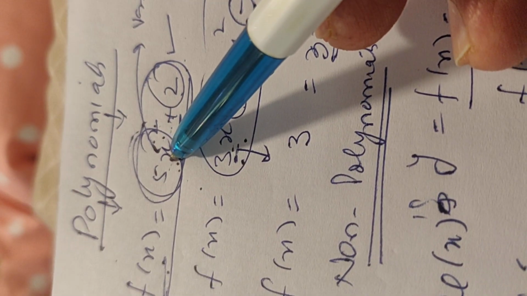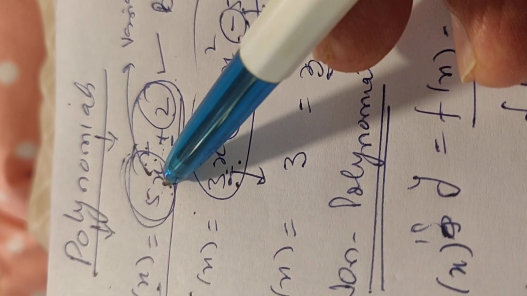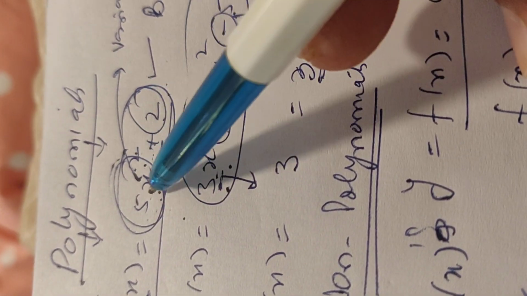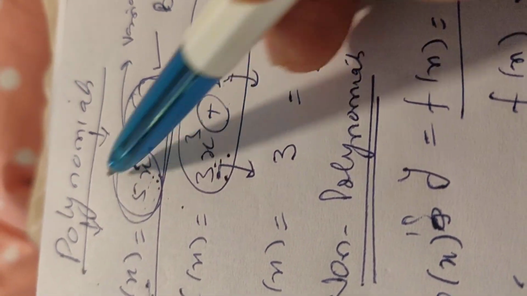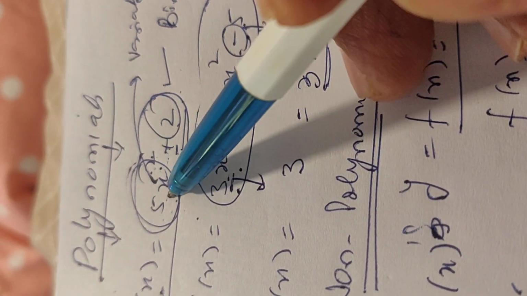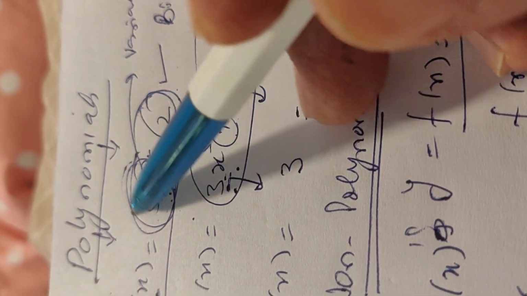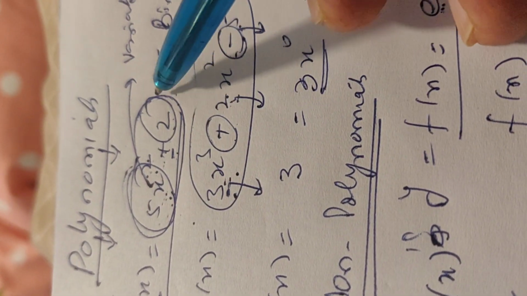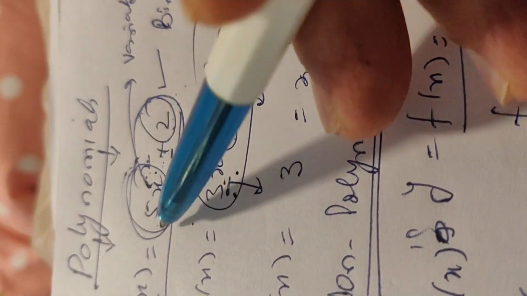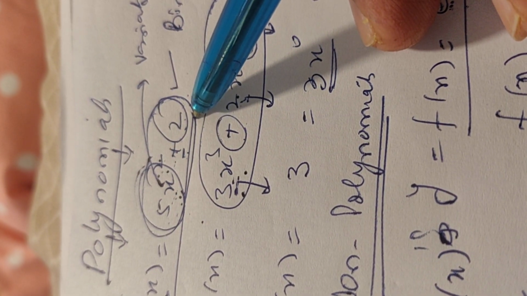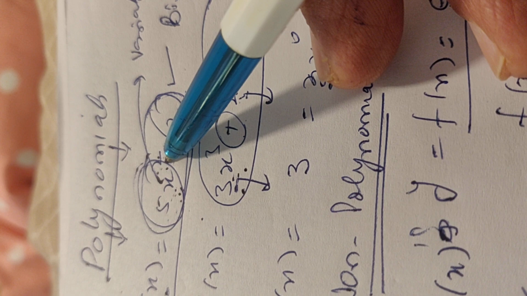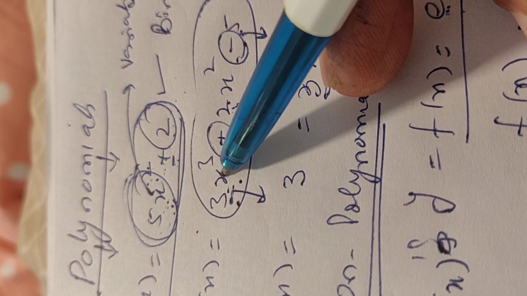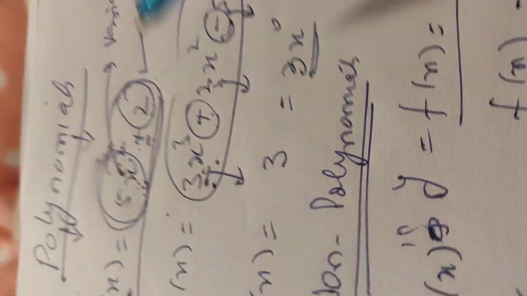If the maximum power of the variable is 2, it may have 2 terms, it may have 3, or it may have 1 term, but the maximum power is 2, we call it a quadratic equation. This quadratic is a binomial, it has 2 terms, but if we add 1 more term, it becomes a trinomial, but the equation will remain quadratic because the maximum power is 2. Where the maximum power of a variable is 3, we call it cubic.